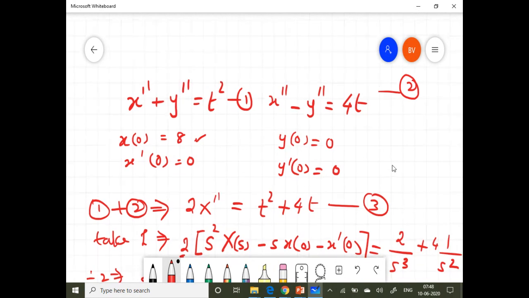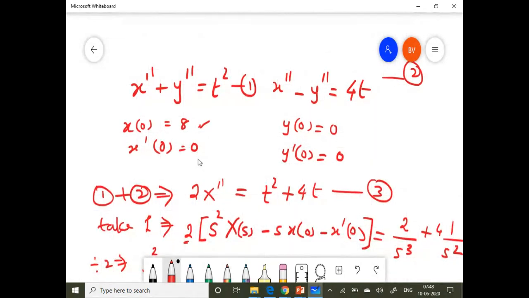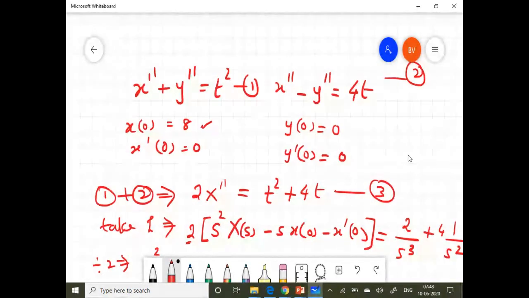There are two methods to continue. First, we eliminated y double prime and went on with this one. Here we can eliminate x double prime. 1 minus 2. What will be happening? Equation 1 minus 2. Let me try here. This is x double prime minus x double prime, which is 0.